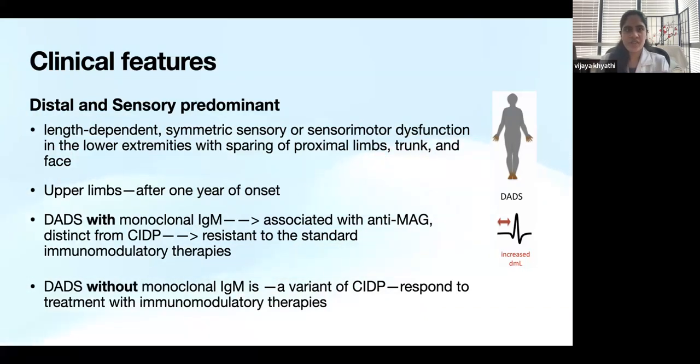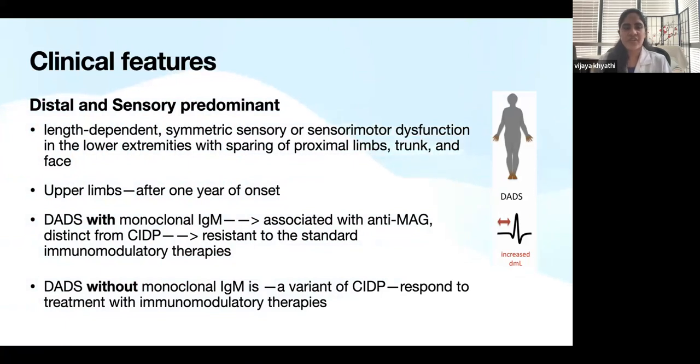Usually, this distal and sensory predominant type of CIDP is commonly associated with Waldenström macroglobulinemia and monoclonal gammopathy. In that case, there are positive anti-MAG antibodies.